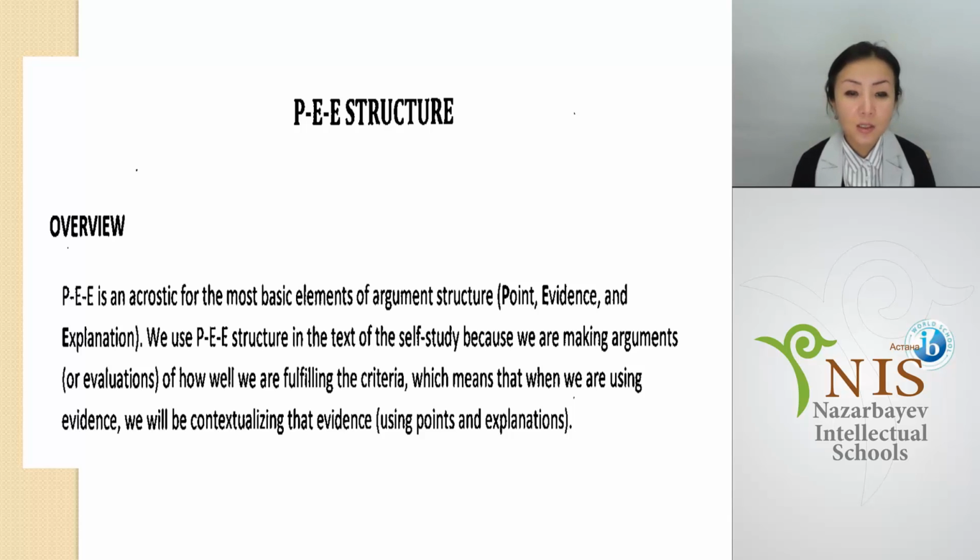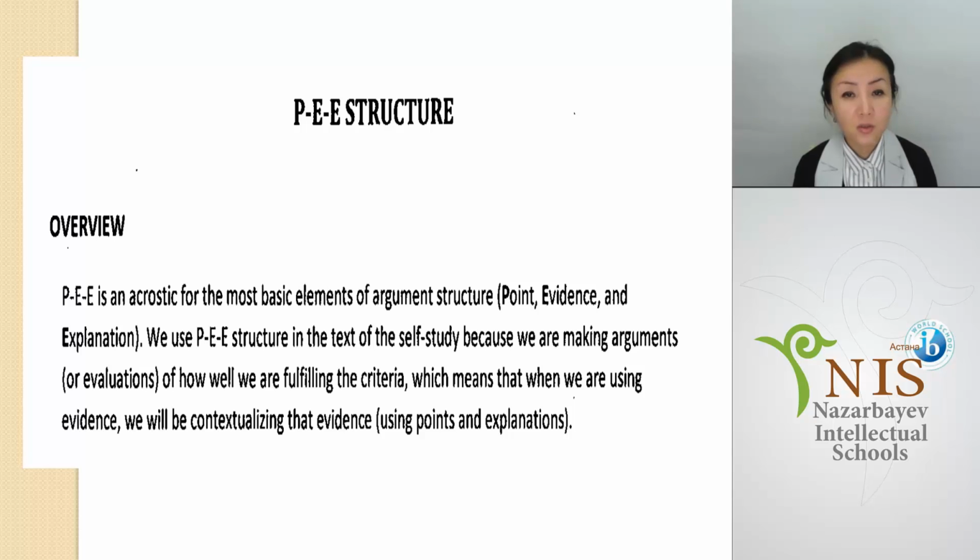We use the PEE structure in the text of the self-study because we are making arguments or evaluations of how well we are fulfilling the criteria, which means that when we are using evidence, we will be contextualizing that evidence using points and explanations. So see, before writing, you need to teach how to write.